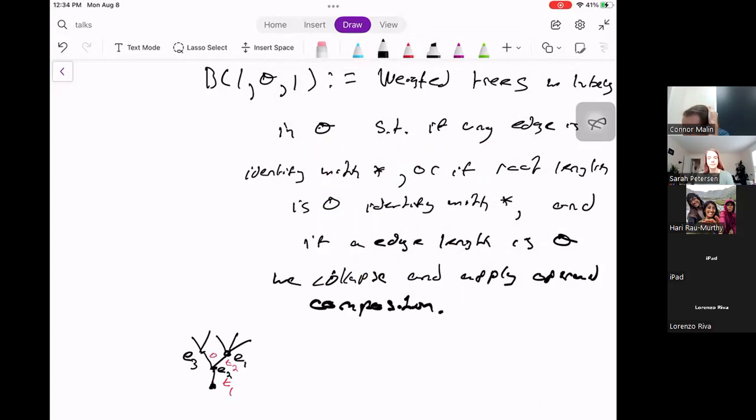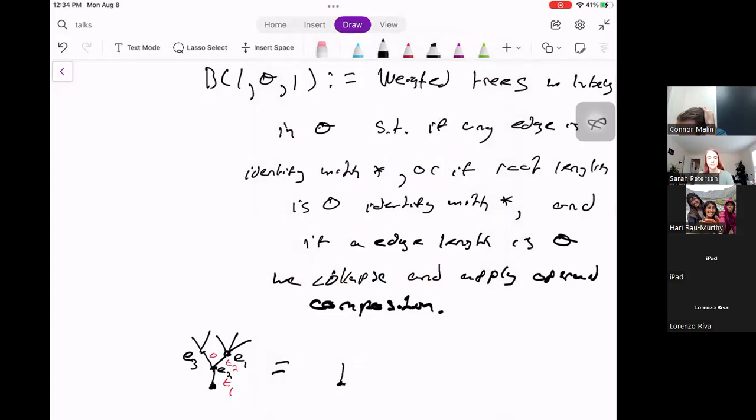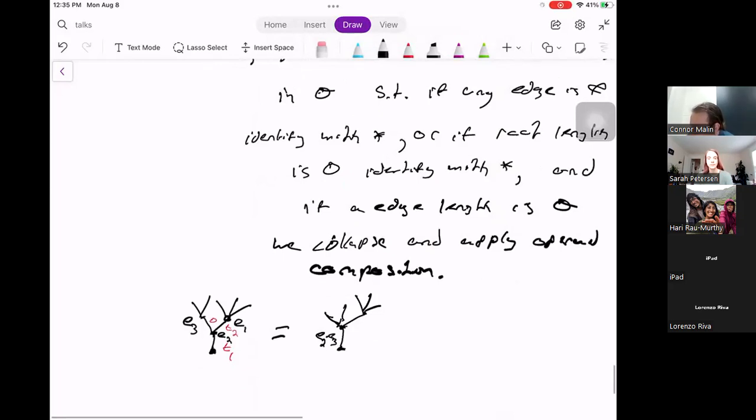Then this would be identified with the following tree, where I've collapsed the edge, and so now this will be E2 composited with E3 along the left leg. The reason we're allowed to define this is because operads are associative, and they have the correct equivariance properties.